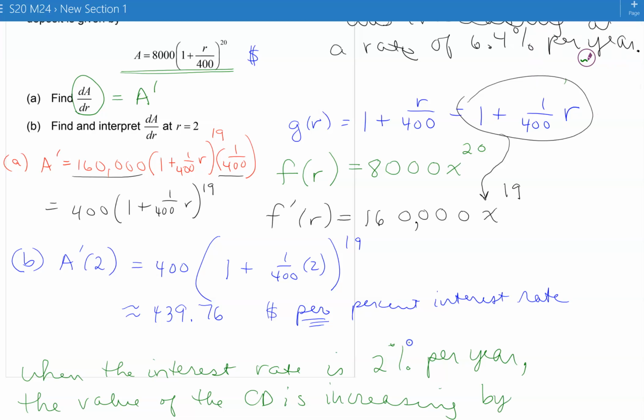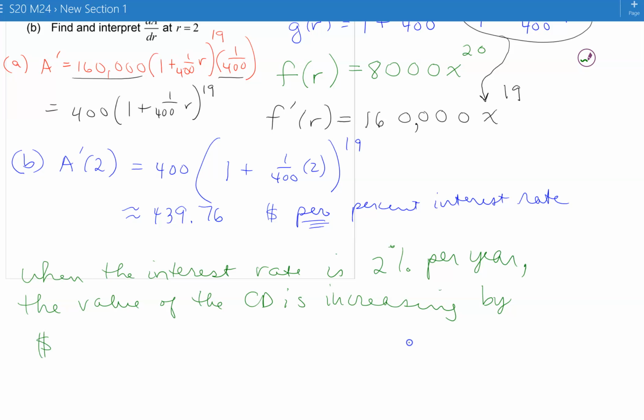Is increasing by 439.76 per percent interest rate. So at the moment when the interest rate is 2%, the value of the CD is increasing by $439.76 per percent increase in interest rate.